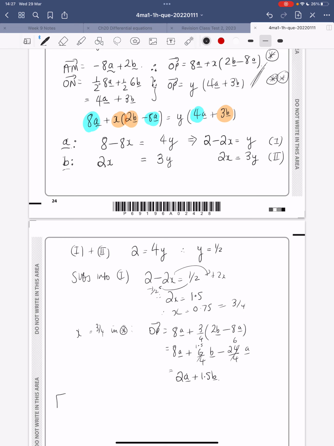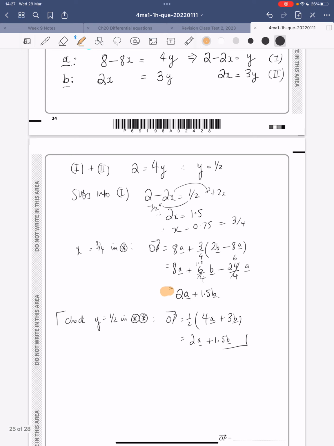Then also we can check y equals a half in double star, gives OP is a half of 4A plus 3B, so it's 2A plus 1.5B, and that was a check and they're both the same, so that is actually our answer.